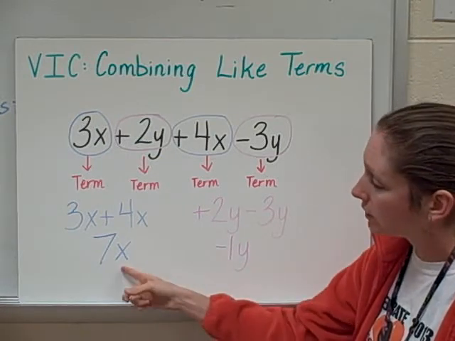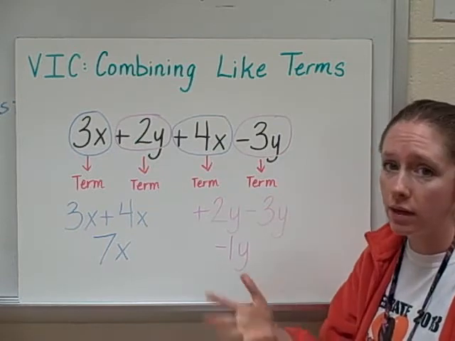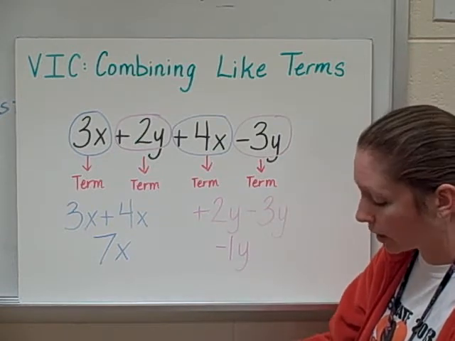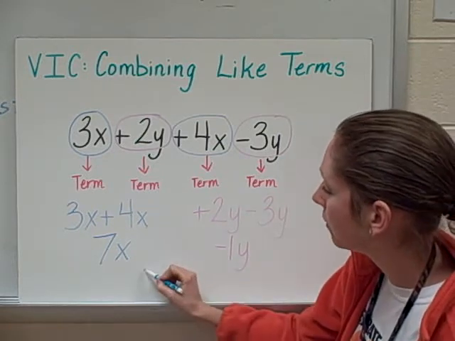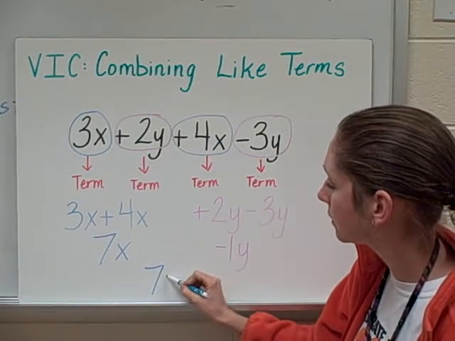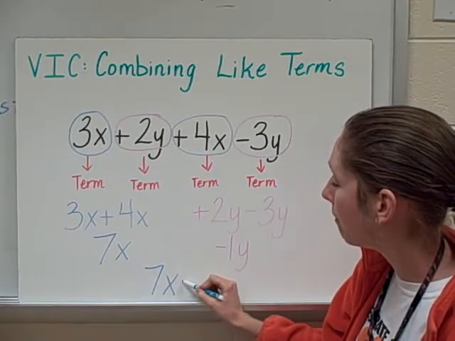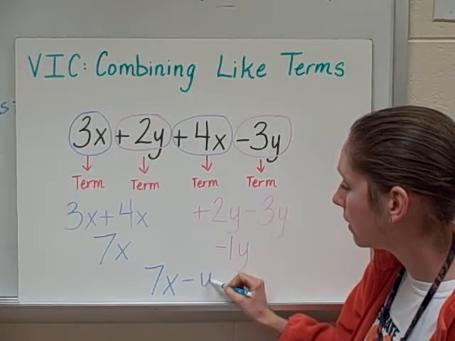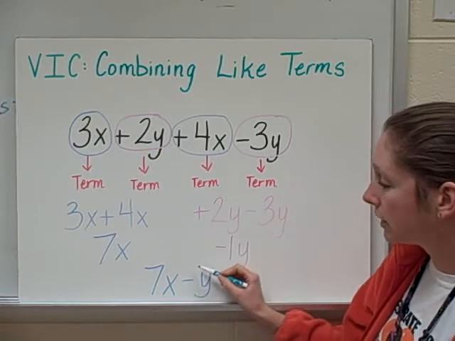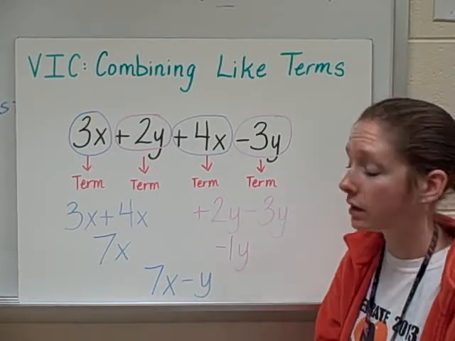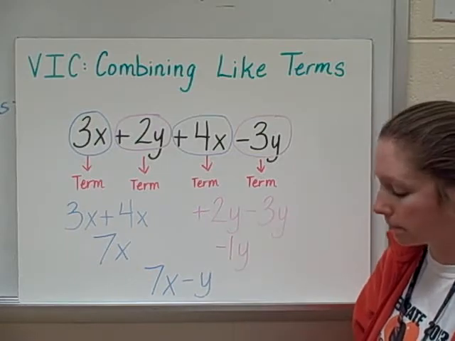Okay? Now this is an x and this is a y, so I can't do anything with them. They're just going to combine to become an expression. Final expression is 7x minus y. Notice this 1 is still there, but we don't have to write it. We know that it's there invisibly.